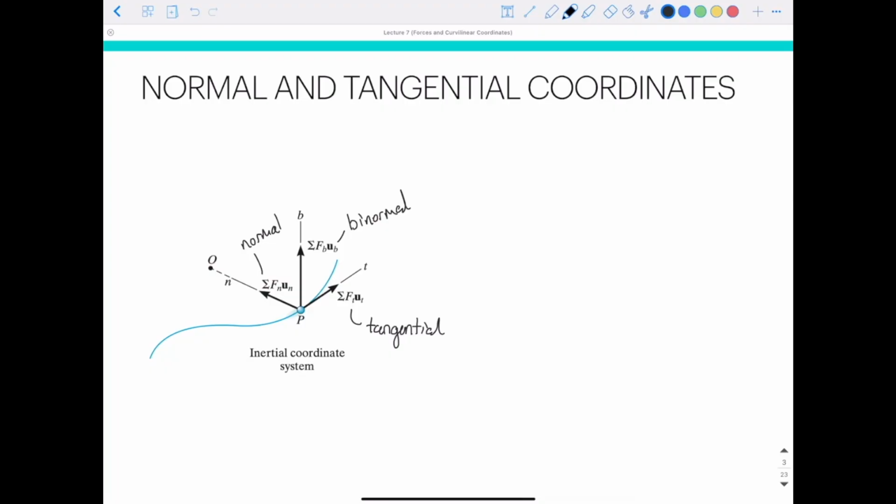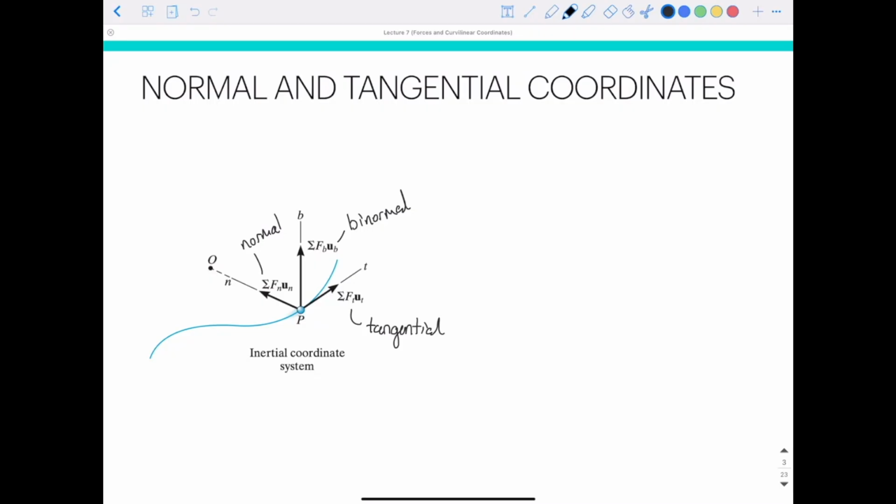And if we have our equations of motion, just like we did before, we would notice that the particle is always moving along the curved path, and we have two components of our acceleration: one is our tangential acceleration, and one is our normal acceleration.